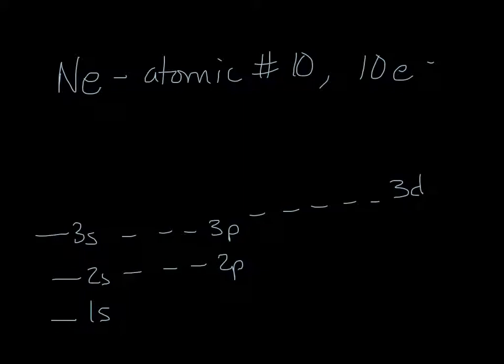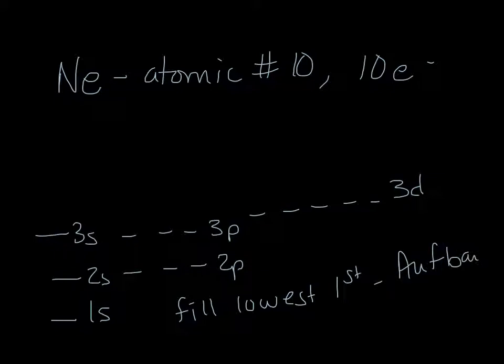Okay, now let's talk about our rules. We start with the lowest level first. Okay, so we fill lowest first. That's called the Aufbau principle. It's just named for the scientist who discovered it, whose last name was Aufbau.